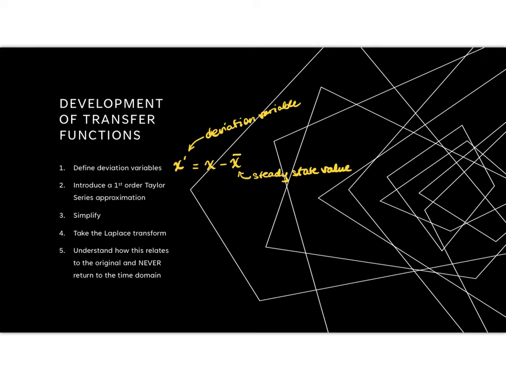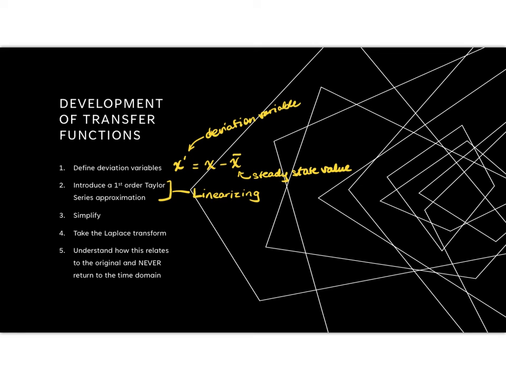Okay, so step 1, define deviation variables. Step 2 will introduce a first-order Taylor series approximation. We don't always need to do this, but this step is going to be what we will call linearizing the differential equation. If the differential equation is already linear, we can skip this step.